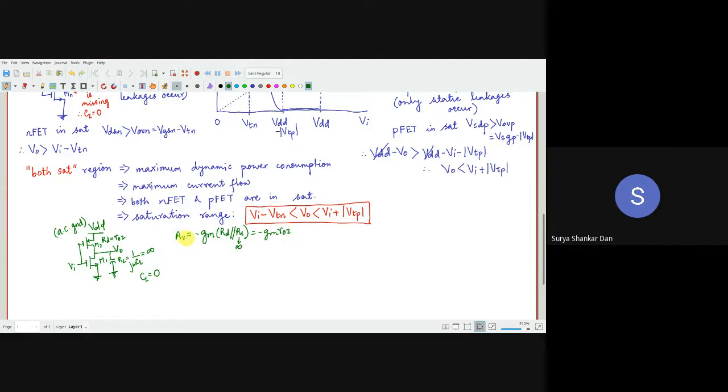This is called Av0, the intrinsic gain of this active loaded CS amplifier. This is from the analog perspective, if you want to use this inverter as a CS amplifier. From the digital perspective, you are not going to bother about the resistive load; we will be bothered about the CL.